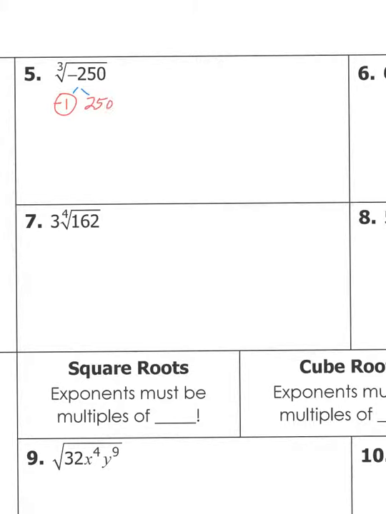We'll talk about that in a minute. Then 250 factors into 25 times 10. And we got 5 and 5. And 2 and 5. So this equals the cube root of negative 1 times 2 and then 3 5's.